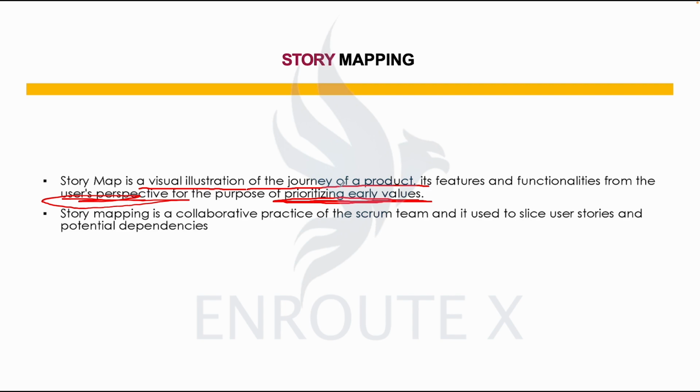The entire team should engage in story mapping for clear understanding of what needs to be done. It's used to slice user stories or epics and potential dependency. We'll see that in the next slide.